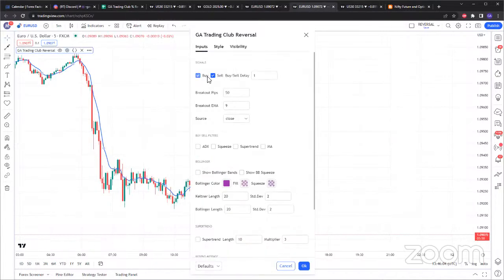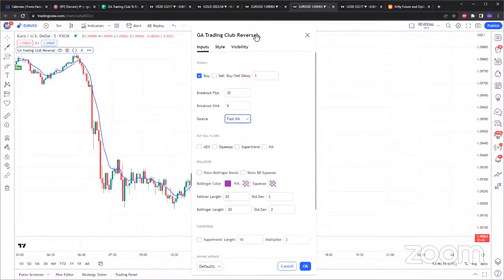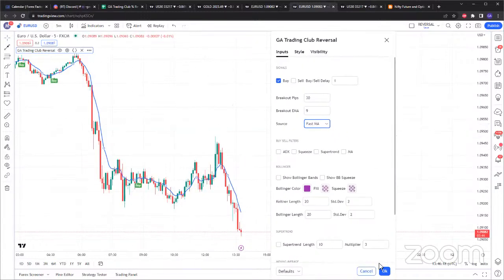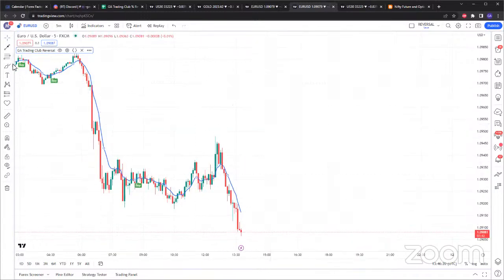This one was for buys. It should be 30 for FX pairs. Source here is close. Play around with close or fast MA. So this is what I was looking for. The reason I was looking for a buy down here was because, and this trade for me hit break even, but it did go up in profit.